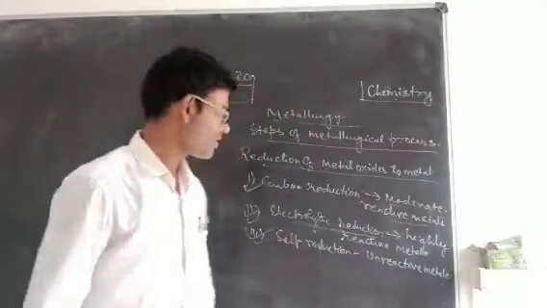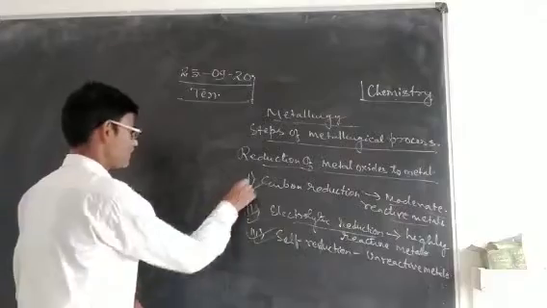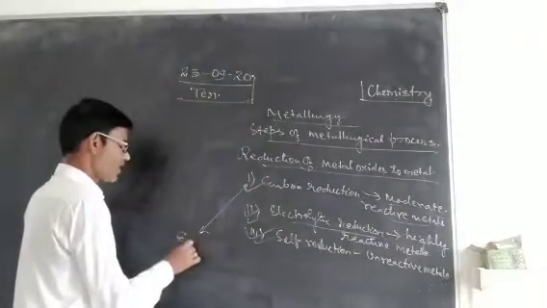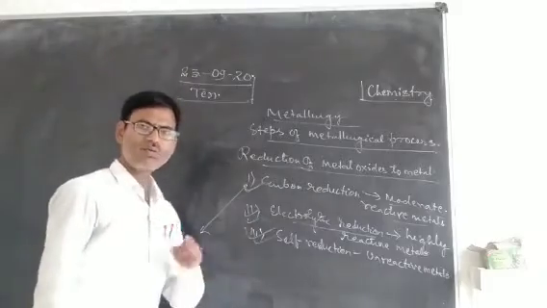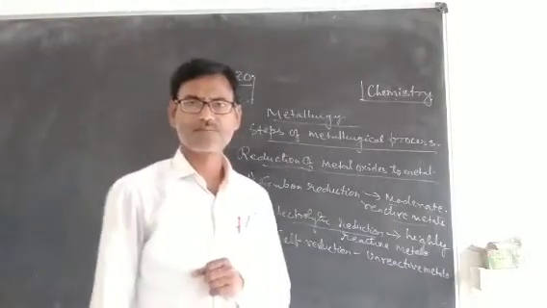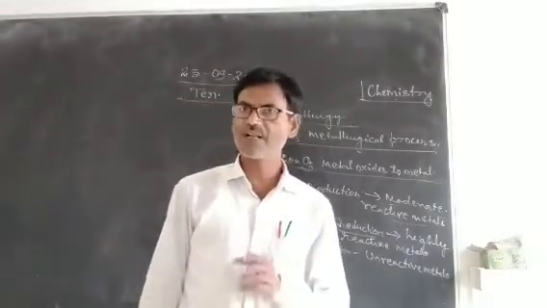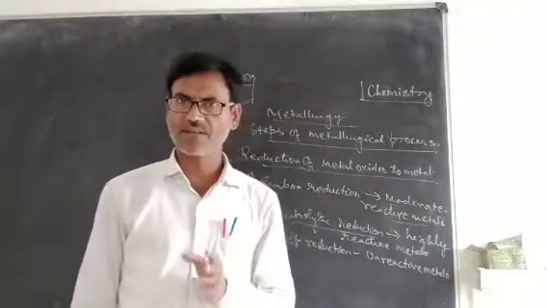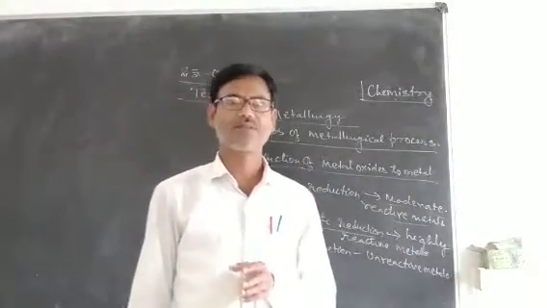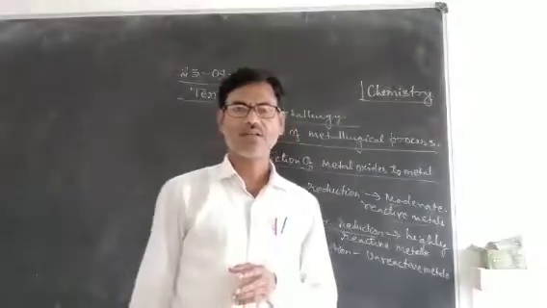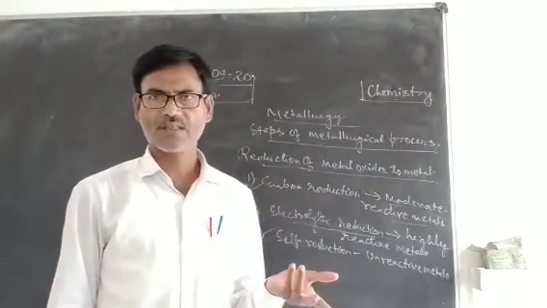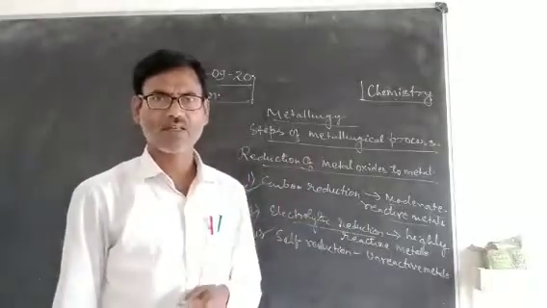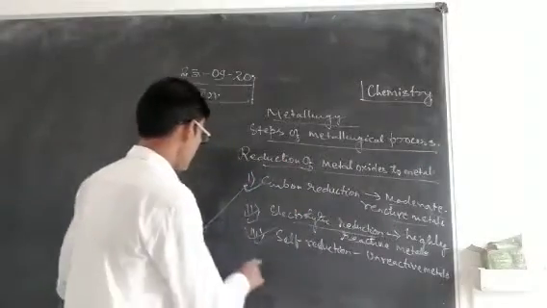For example, reduction of zinc oxide into zinc. Zinc can be obtained from zinc blende, which is zinc sulfide. On roasting, the zinc sulfide is changed into zinc oxide, and from zinc oxide, zinc is obtained by carbon.